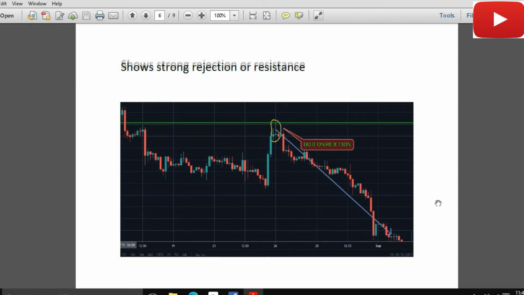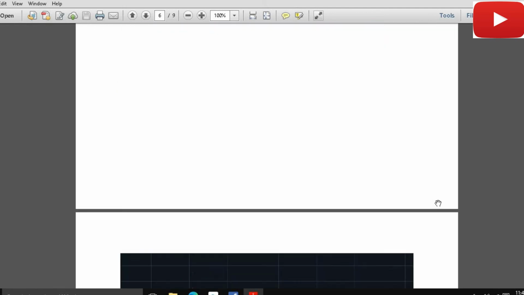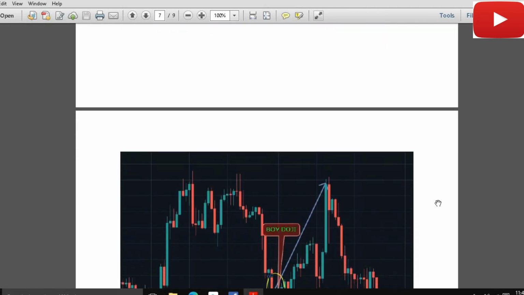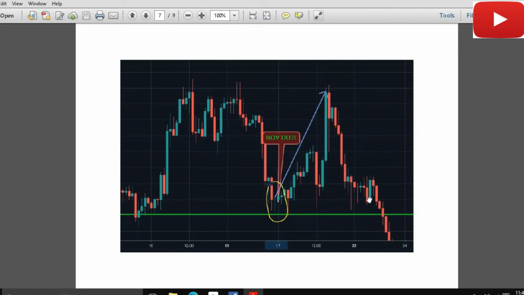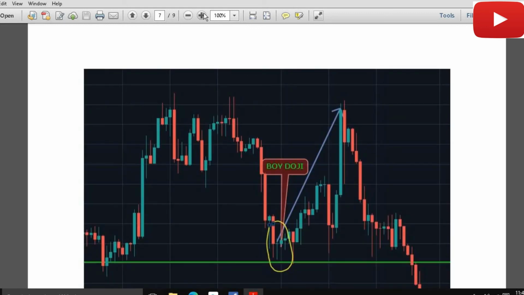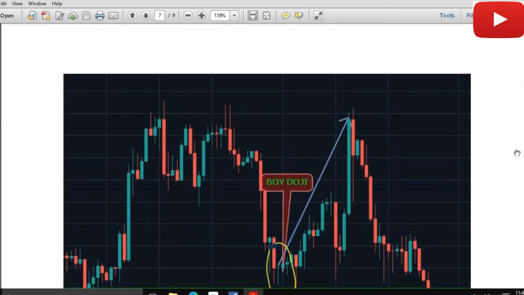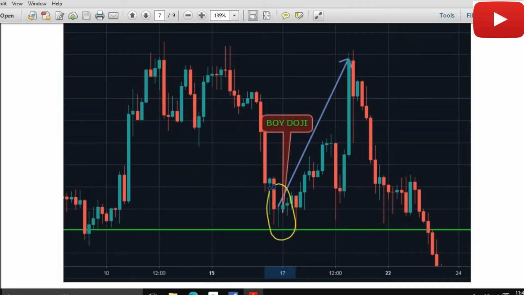So let's look at another graphical explanation of our doji. Right, here you can see a doji candle also. Let me try to zoom in. Long shadow. It's giving us a long shadow, a short body, resistance, and look at the buy that came afterwards.